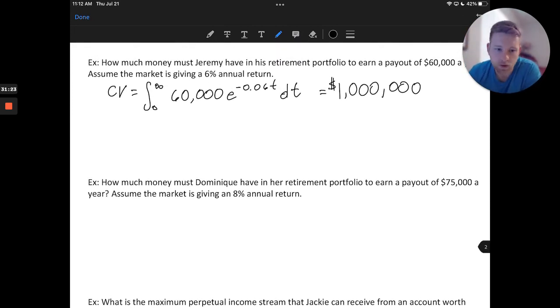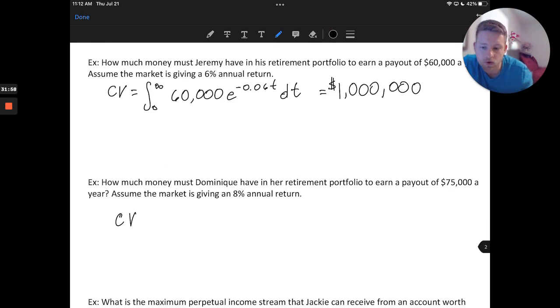If I had, let's say, a present value or capital value here of some value, once I get that capital value, what I really want to do is take 8% of that capital value of this account, and I want that to be my payout every year, right? Because if I'm only taking the interest, which would be 8% of my total, I want that to be $75,000.